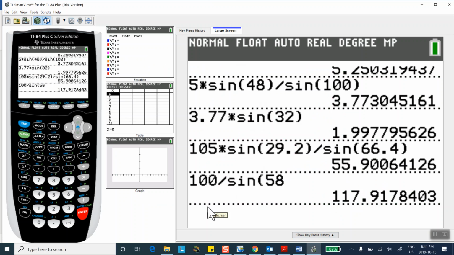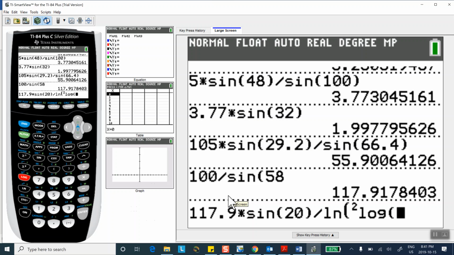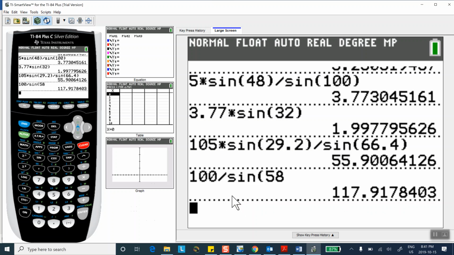117.9 times sine of 20 divided by sine of, oops, oh God, the backspace.